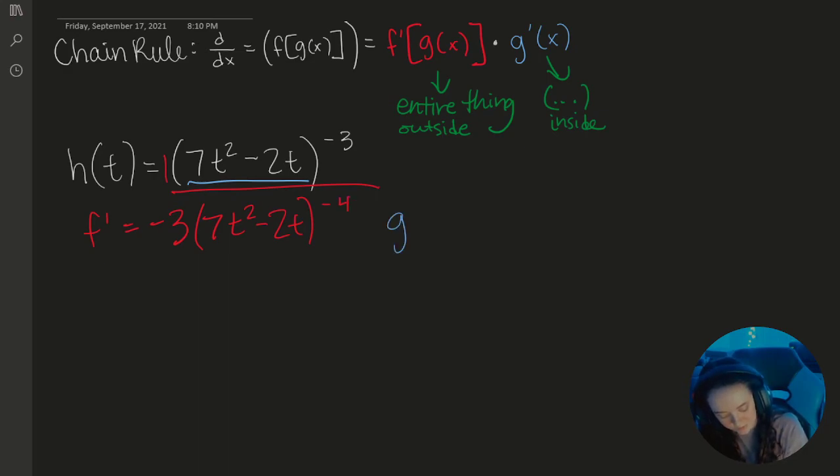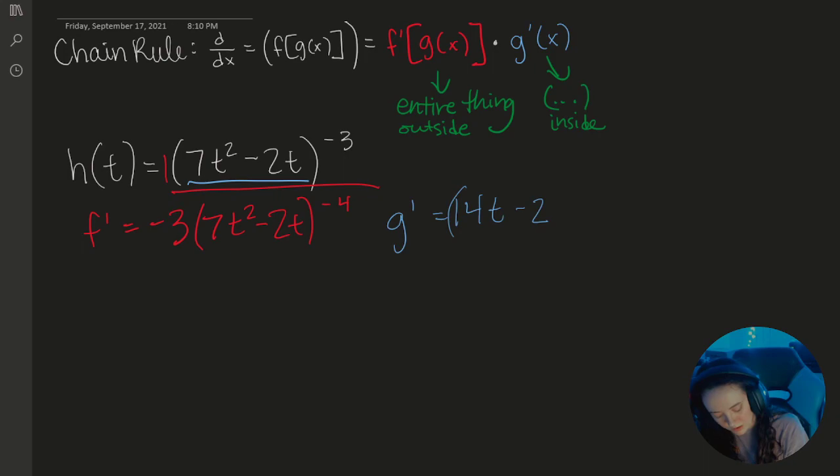Our g prime is going to be the derivative of the inside. So 7 times 2 is 14t, because 2 minus 1 is 1, and we don't put 1s. Minus 2, our t would drop off because there's an understood 1.